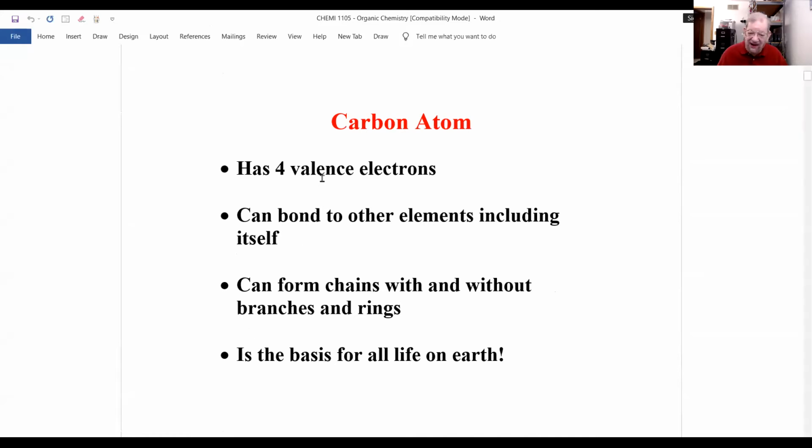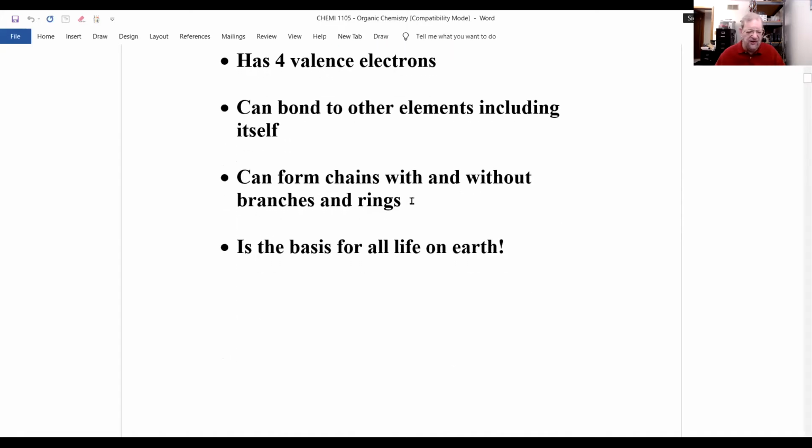If they don't have that, then they're probably inorganic. And because carbon has 4 valence electrons, it can bond to other elements, including itself. And the important thing is, you should know there's always 4 bonds to carbon.